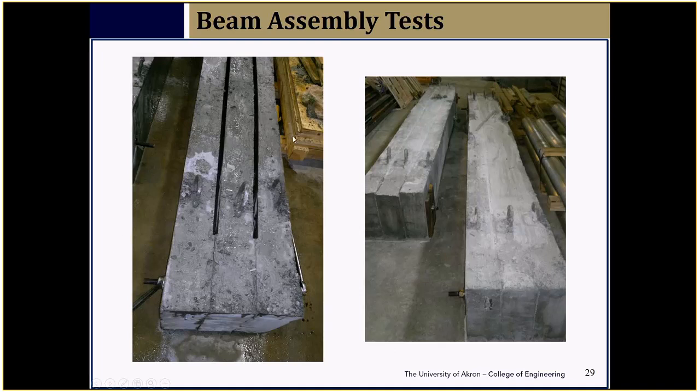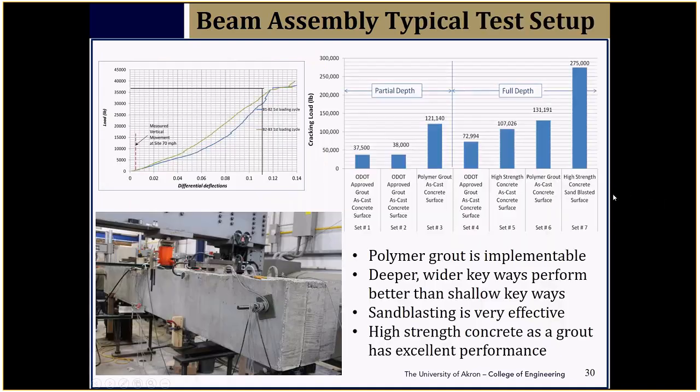And then we grouted the joints just like we are supposed to, but of course in a lab condition, which is a more controlled condition. And then we tested these very long beams, 16-foot beams, 14-foot beams. What we found, without going into all the details, was that our high strength concrete with a very good sandblasted surface is able to increase the joint shear strength by a large margin, maybe 6 or 7 times compared to ODOT approved grout.